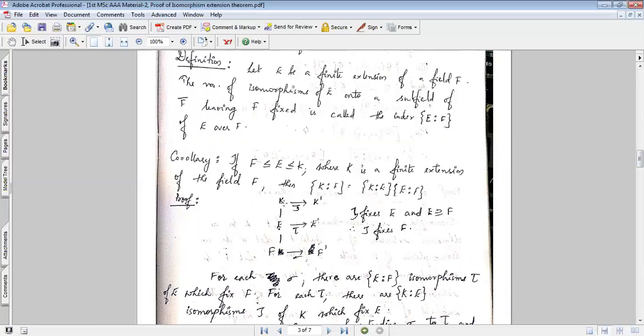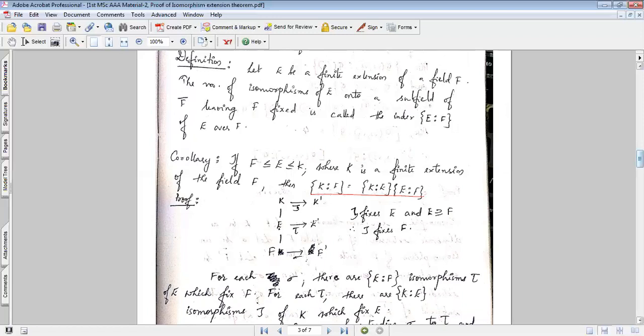K is again an extension of E, and you have zeta from K to K dash, which again can be a subset of F dash closure. So we want to prove that the index of K over F equals the index of K over E times the index of E over F. This is what we want to prove.